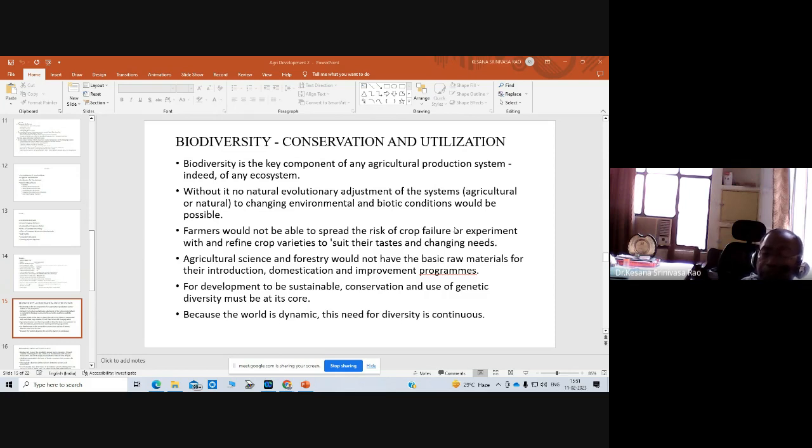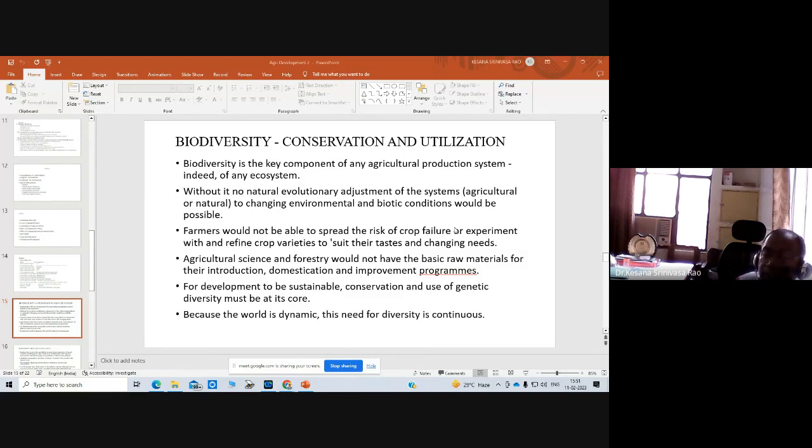Domestication of animals is also another component and important program. For development to be sustainable, conservation and use of genetic diversity must be at its source.